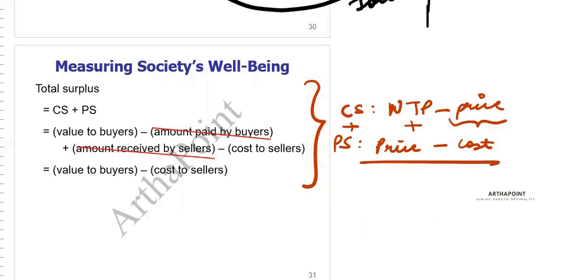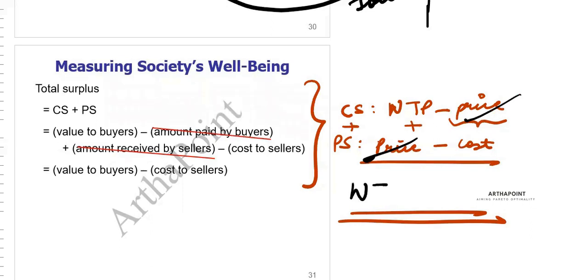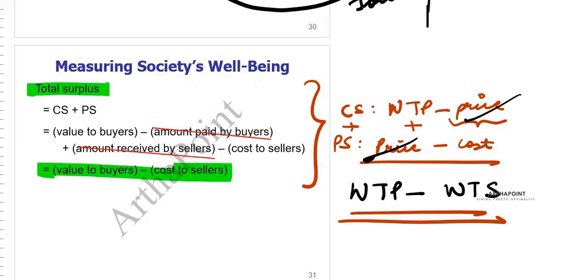If I add these two together, the price cancels out with the price, and I am left with willingness to pay minus willingness to sell, or the cost to the producer. This is known as total surplus. So total surplus is the value to the buyer minus the cost to the seller.